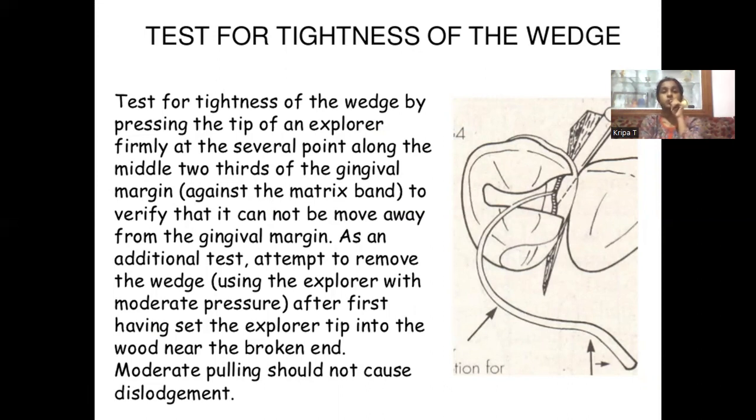Test for tightness of wedge by pressing the tip of an explorer firmly at several points along the middle two-third of gingival margin against the matrix band to verify that it does not move from the gingival margin. As an additional test, you can attempt to remove the wedge with a moderate pressure too. See to it that it does not dislodge.